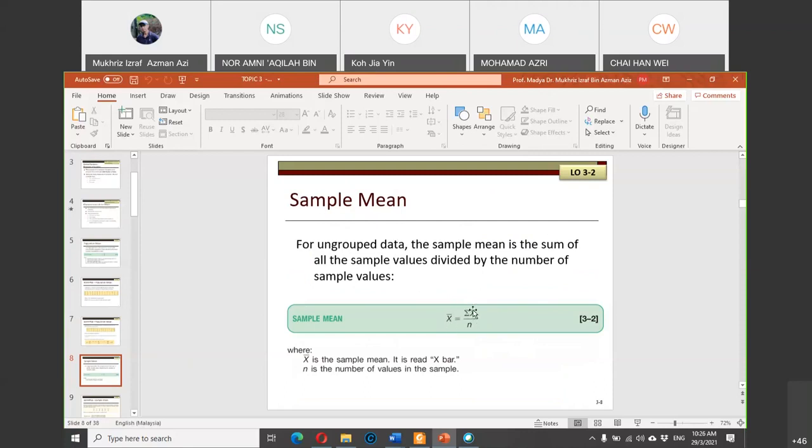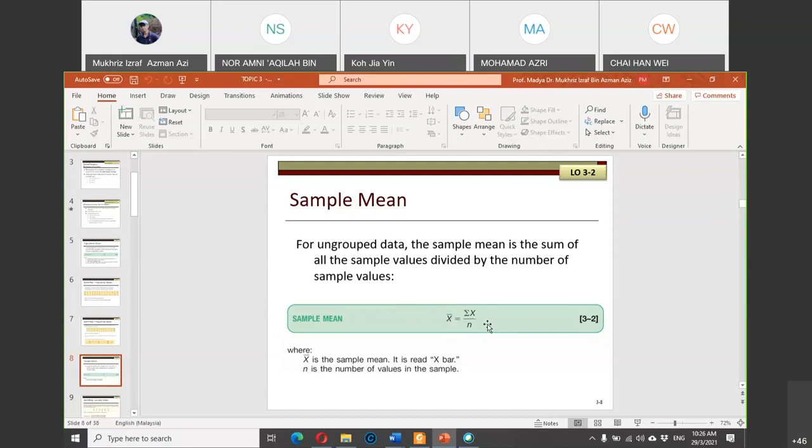And summation x remains the same, but n now is the small n instead of capital N. So if you're using x bar, it means that the mean is referring to the sample. If you're using mu, you are referring to data that represents the whole population.